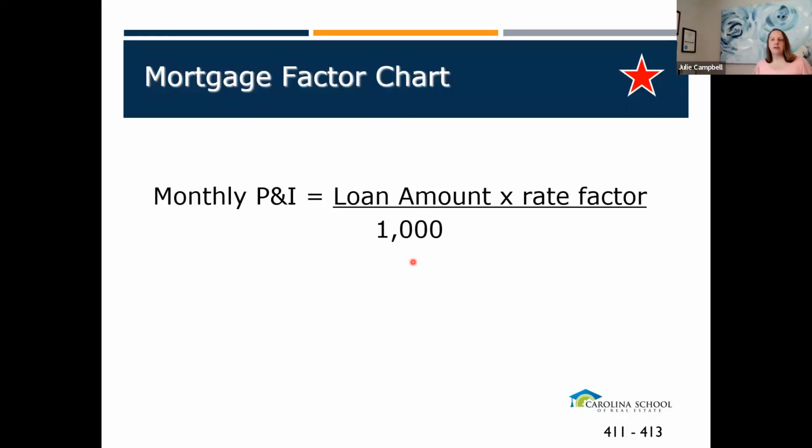They will either give you the rate factor or the interest rate and the term so you can find it. They will not give you the 1,000. They may give you some other numbers too, to try to distract you. So that's why it's important that we know the basic formula: to find your monthly principal and interest, your loan amount times the rate factor divided by 1,000.